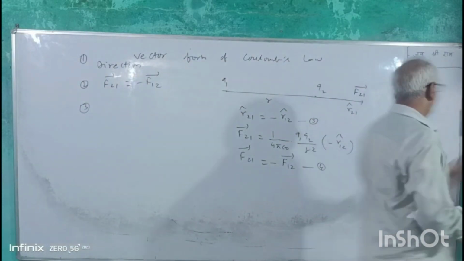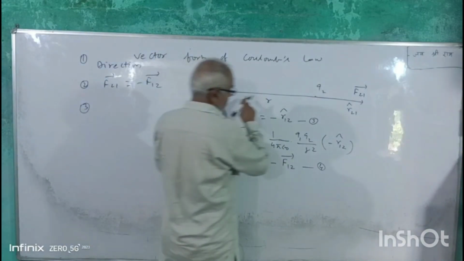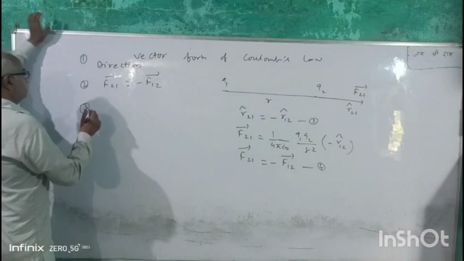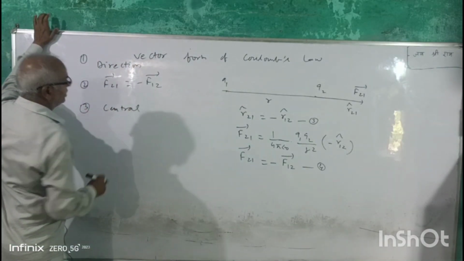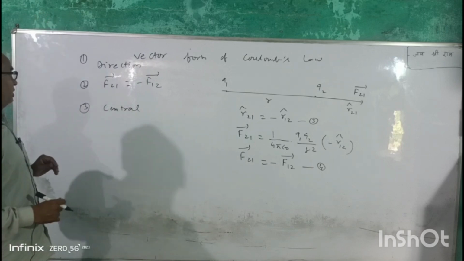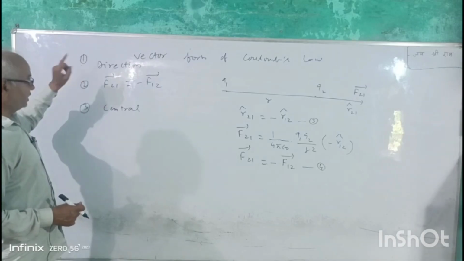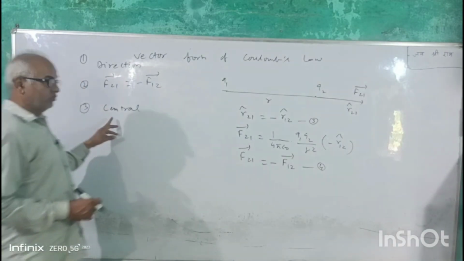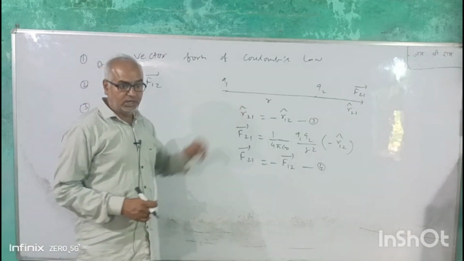Next, the force acts along the line joining the two charges, therefore this is a central force. So the importance of Coulomb's law in vector form is that it gives the direction of force, it follows Newton's third law, and it is a central force because it acts along the line joining the two charges.